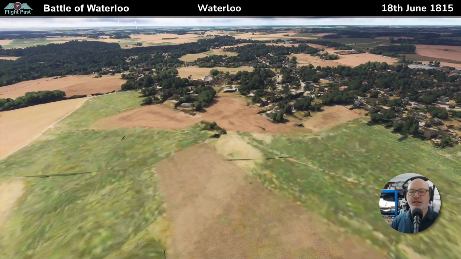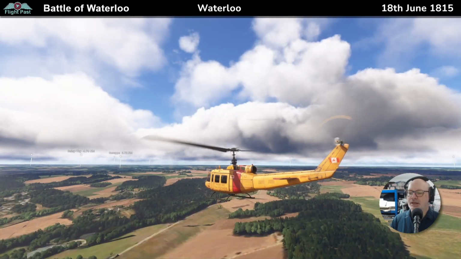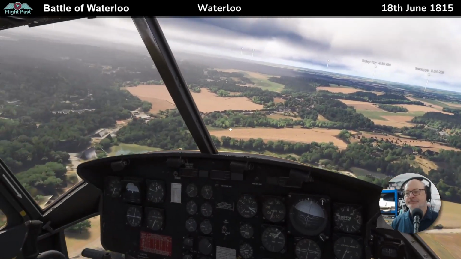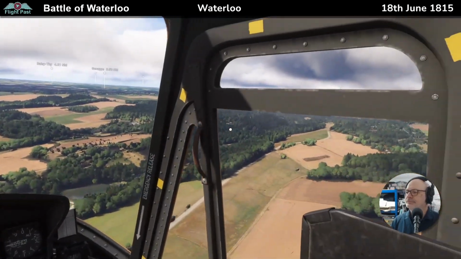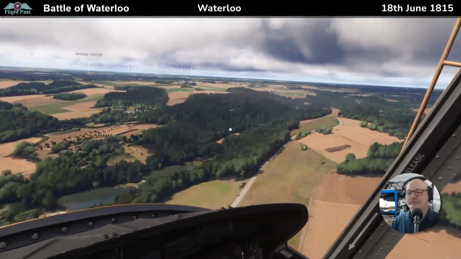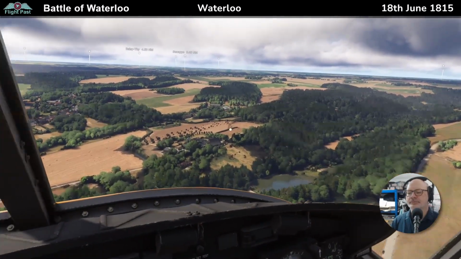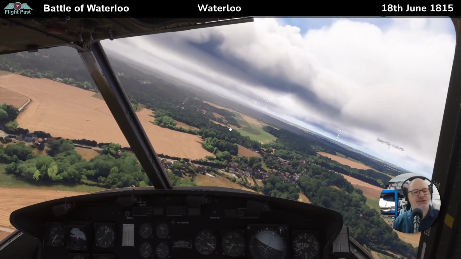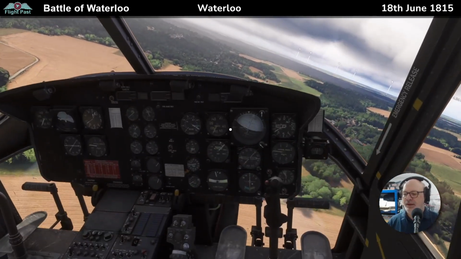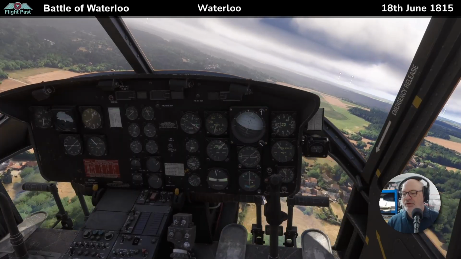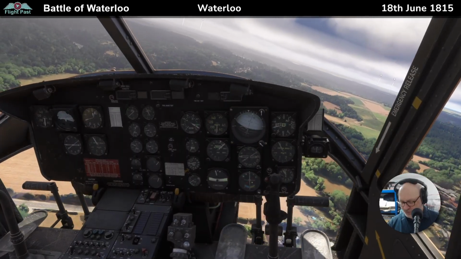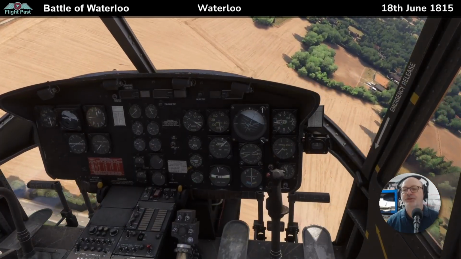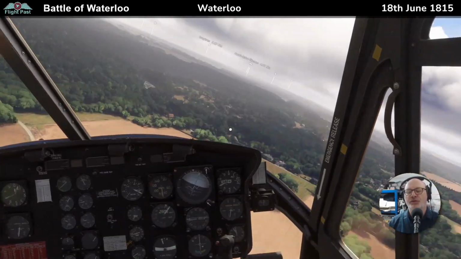In the meantime, let's just jump in the helicopter, do a bit of flying. We're just spinning back around here. We're facing south at the moment, and we'll spin back around and head north. So at this time, it's around about 4:30.